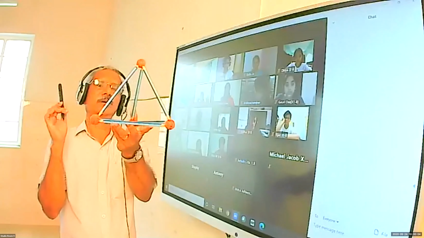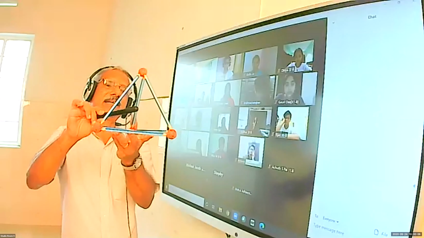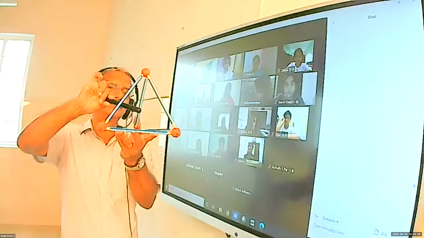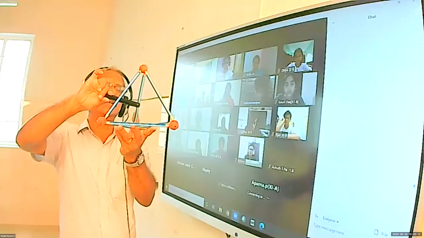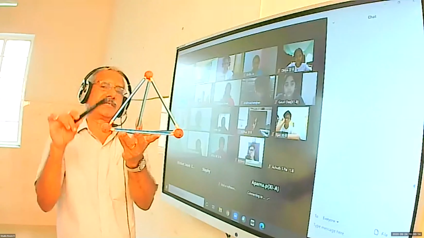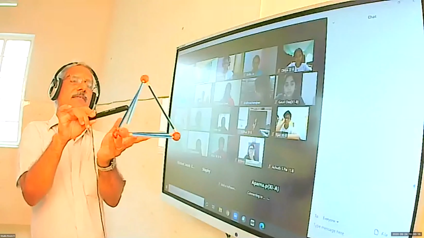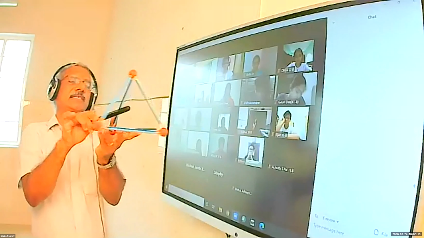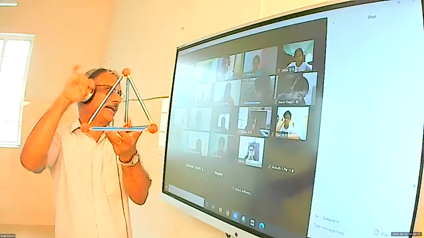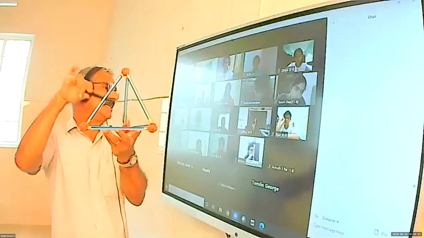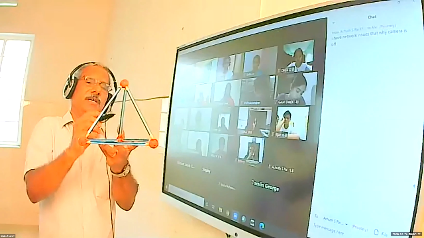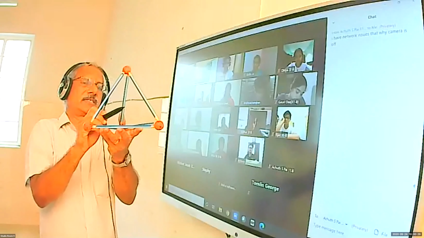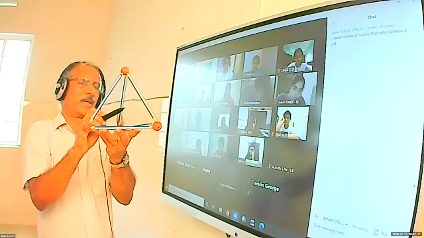So at the center of the tetrahedron, there is the atom which is undergoing hybridization. Inside the very center of this figure, there is the atom undergoing hybridization. For example, the carbon atom is here.